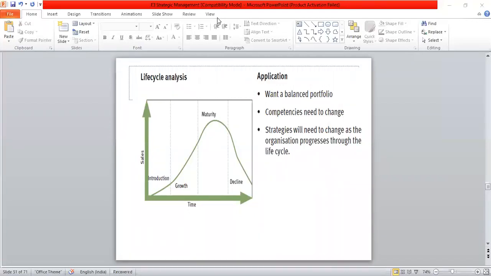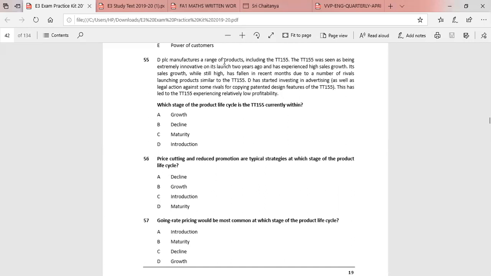The situation talks about a product that was extremely innovative on its launch 2 years ago and has experienced high sales growth. Its sales growth, while still high, has fallen in recent months due to a number of rivals launching products. So others have entered into the market. It's not introduction; it crossed the introduction.